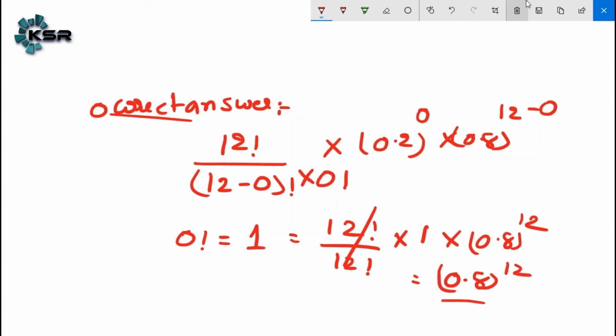This is the answer for 0 correct answers. Like that, you need to add up the 0, the 1, the 2, the 3, and the 4. Then only you will get the probability value. Here in this case, can anyone guess what could be the maximum value of our probability value?